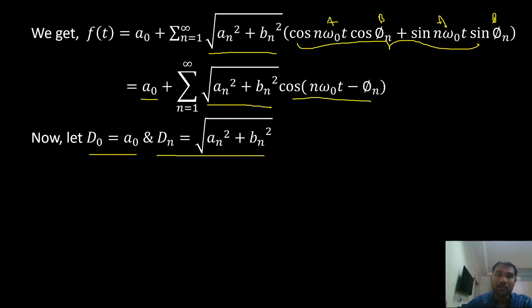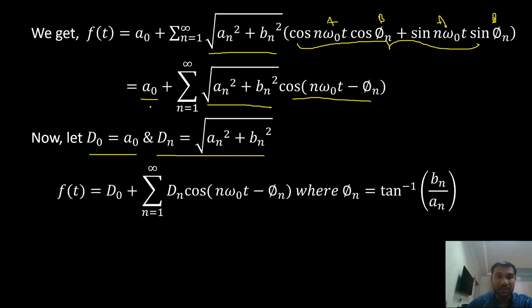So my cosine Fourier series is given by f(t) equals d naught plus summation n equals 1 to infinity dn cos(n omega naught t minus phi n), where phi n is nothing but tan inverse of bn by an.